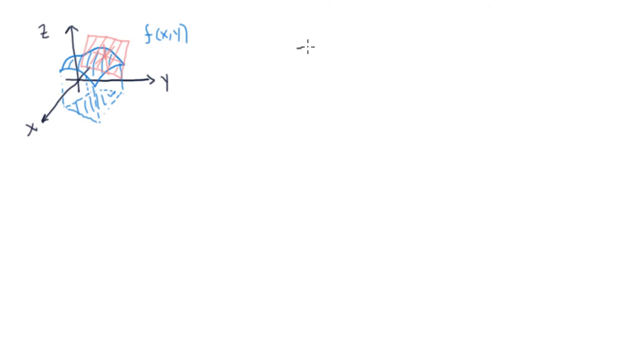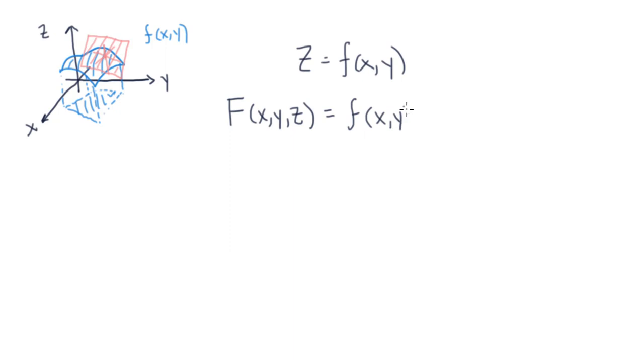We know that z can be written as a function of x and y if we have a function of two variables. In other words, we can plot our z-coordinate to be just the scalar output of our function of two variables. Here's what I'm going to do. I'm going to define a new function of three variables, capital F of x, y, z equals f of x, y minus z.